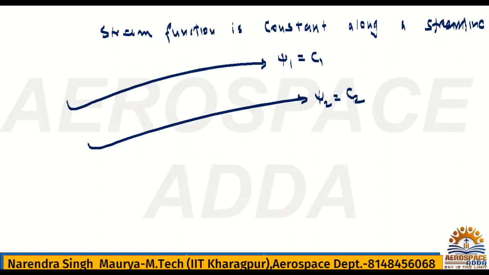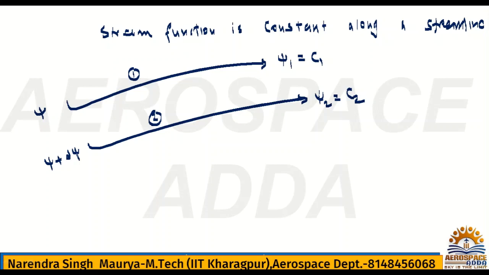Now based on this I am considering two streamlines 1 and 2. Magnitude wise, just say if this stream function is psi, then this stream function is psi plus d psi. I mean there will be a different value for two different streamlines. For the first I have written psi, for the second I have written psi plus d psi, meaning there is an increment. This is the meaning of it.